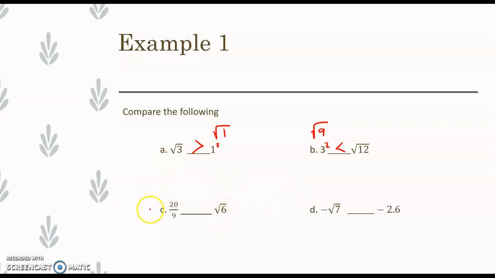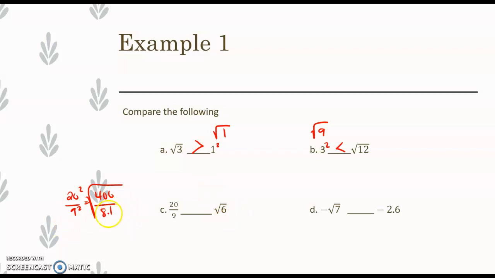Now, when we're working with a fraction, I can still square this number. I'm going to take my numerator and square it, and square my denominator, so I'm going to end up with 400 over 81, right? So I'm working with the square root of 400 over 81 to get this 20/9ths. At this point, I've just got to compare whole numbers, and then I can figure out the fraction from there.